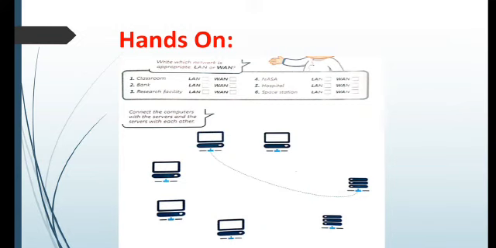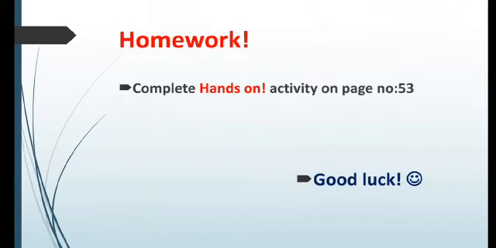And number 2 is to connect the computers with the servers and the servers with each other. How can we connect each other? You can connect the servers and computers to each other. It is very easy. Now it's time for your homework. Complete the hands-on activity on page number 53.